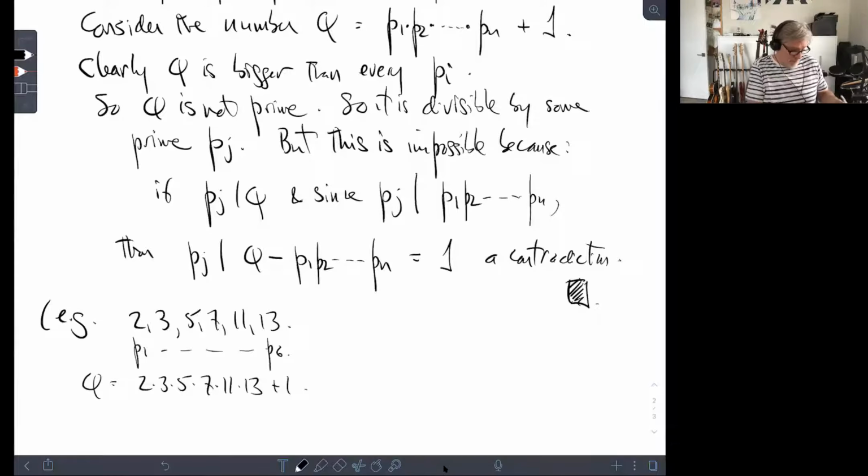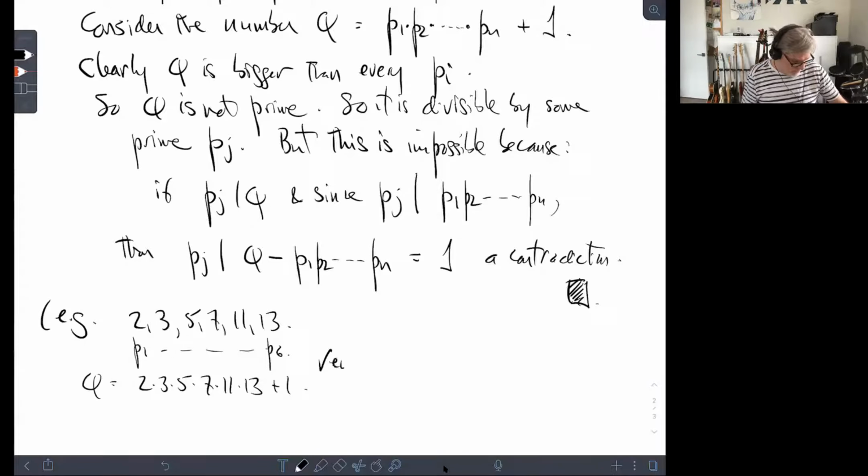And the same argument, if you look at it, you see that none of these numbers can divide Q. Let's say 2. This number is odd, right? It's 2 times something plus 1, so it's odd. It's not divisible by 2. Is it divisible by 3? No, because it's 3 times something plus 1. So the remainder when you divide by 3 is 1. The remainder when you divide by 5 is 1. The remainder when you divide by any of these numbers in that list is 1 always, right?